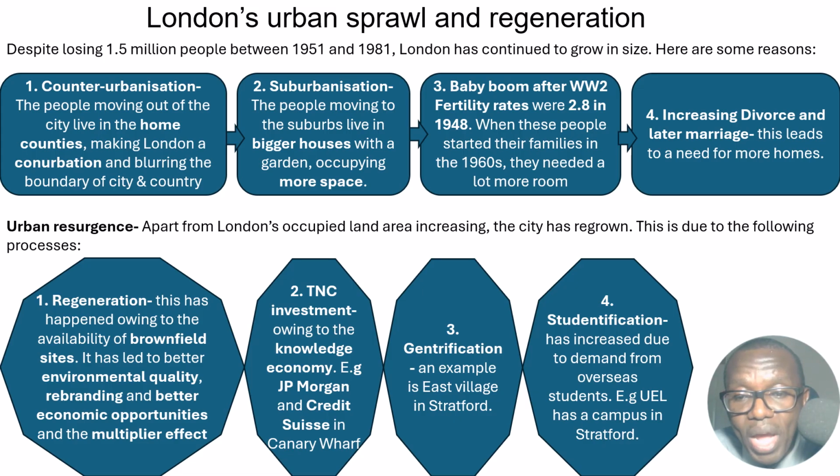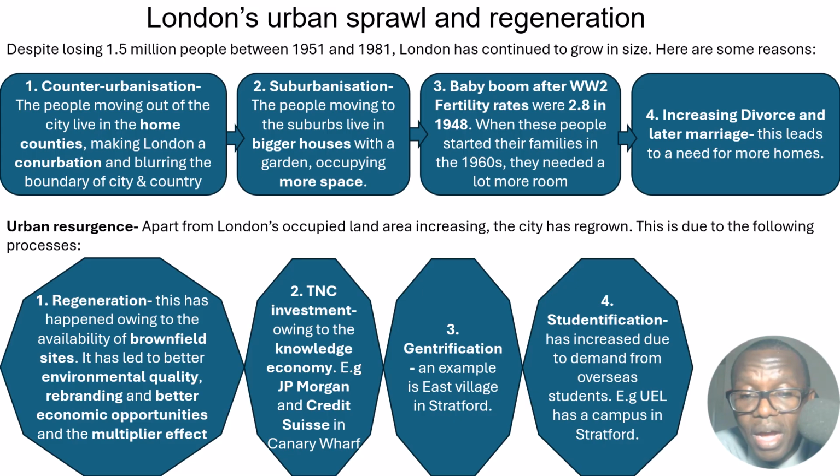Then lastly, we have studentification. Studentification in London has increased due to demand from overseas students, right? Studentification basically means you have more students living in an urban area, and that tends to stimulate growth as well, because the students have money and they spend the money within the local area.